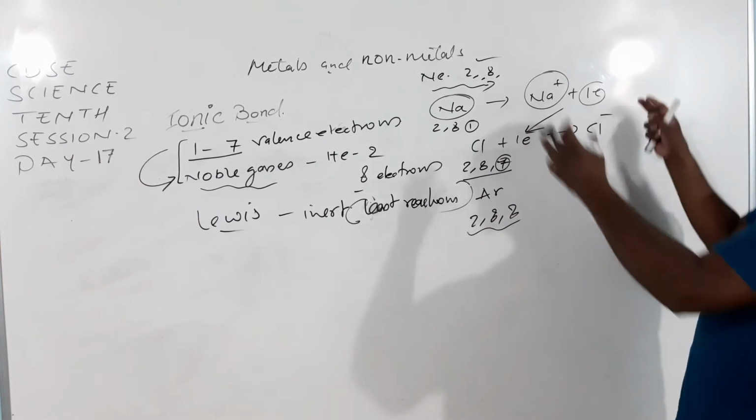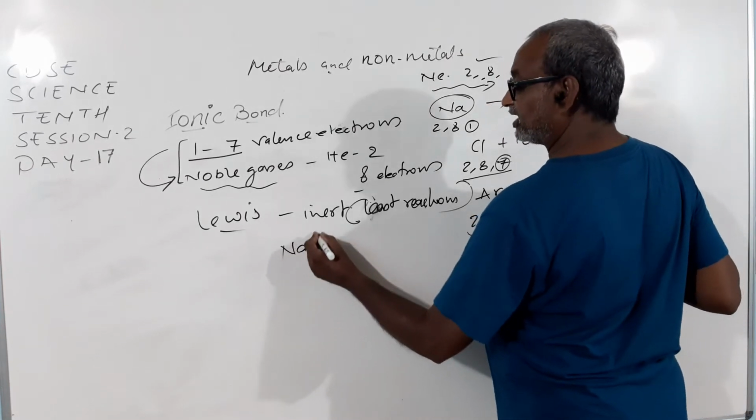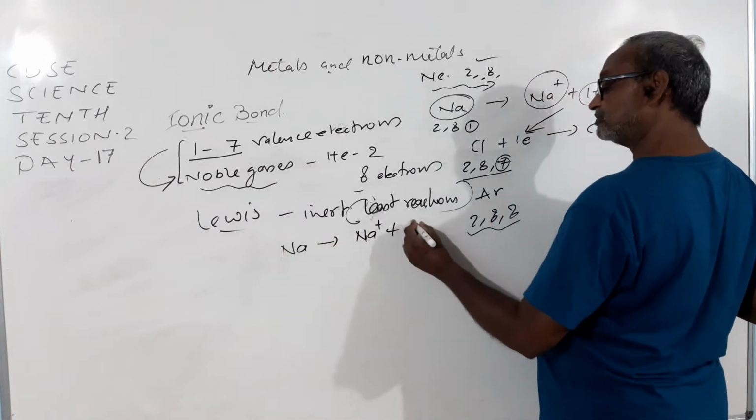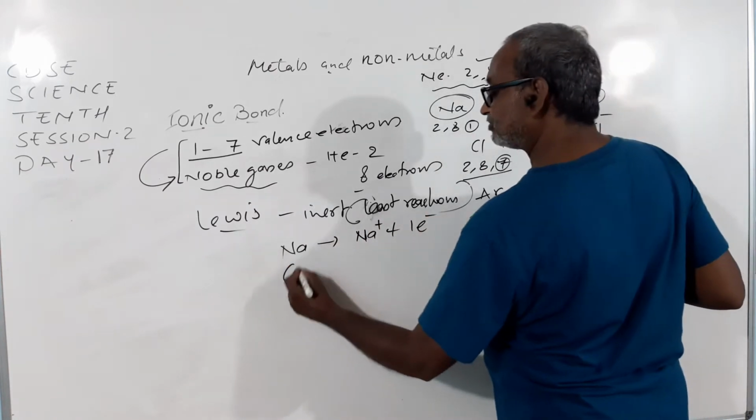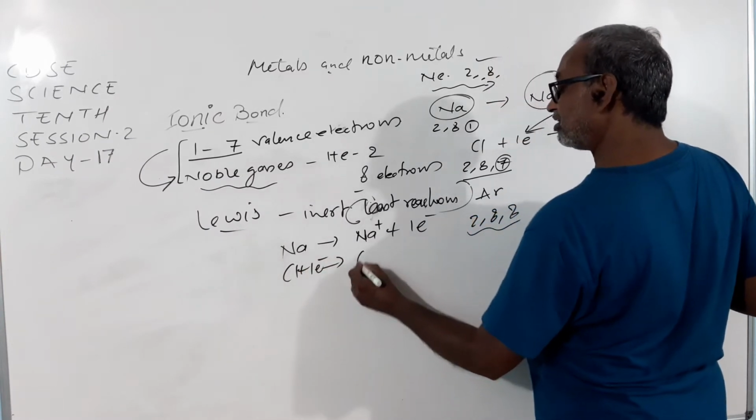So, as a result of this transfer of the electron, what happens? Sodium atom is converted into sodium ion. Chlorine atom is converted into chloride ion.